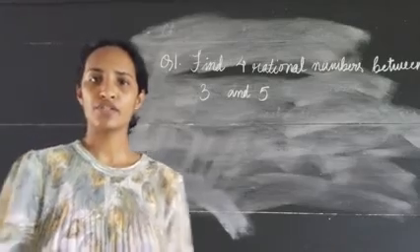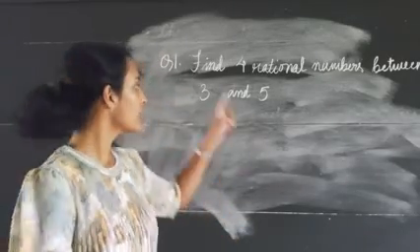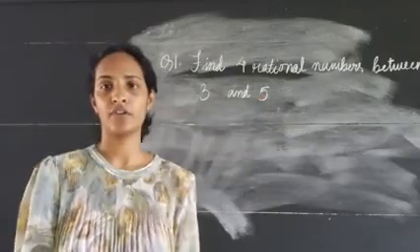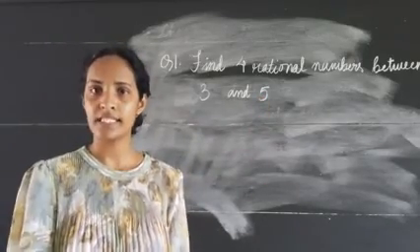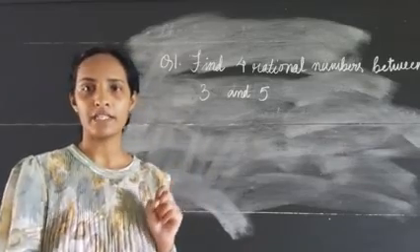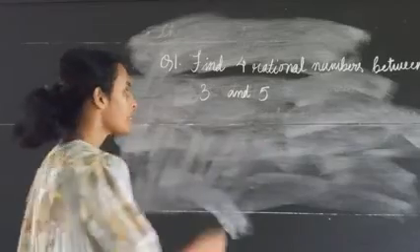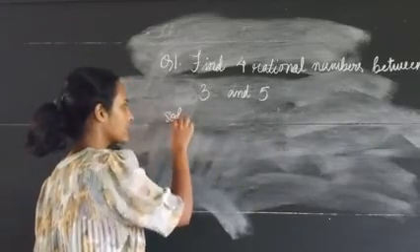Now, we are going to try to find 4 rational numbers between 3 and 5. So, what is the first step? The first step is to look at the numbers. What are the numbers? 3 and 5. So, here, we are going to start the solution.